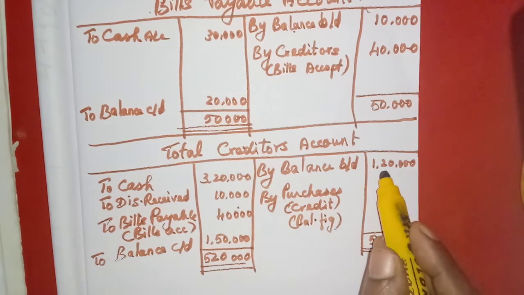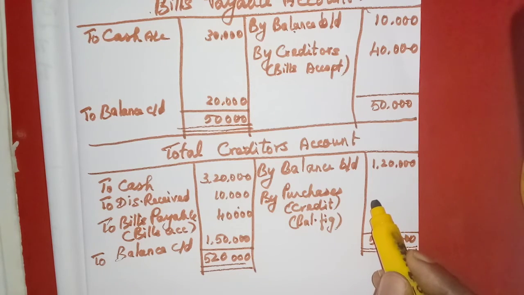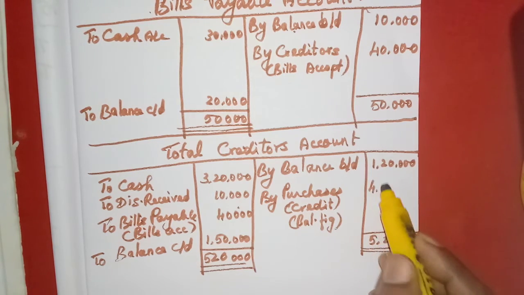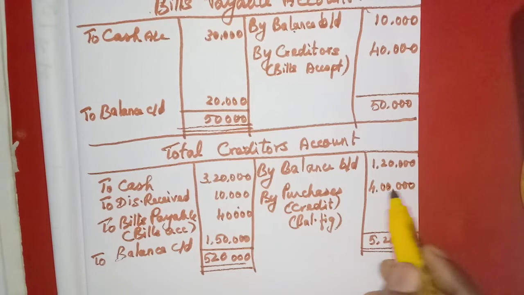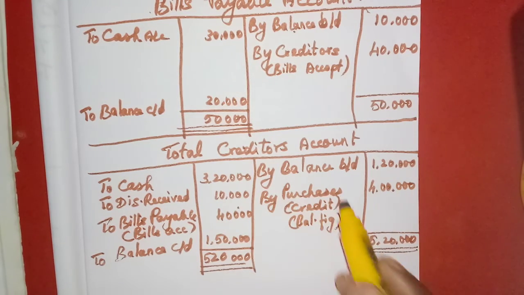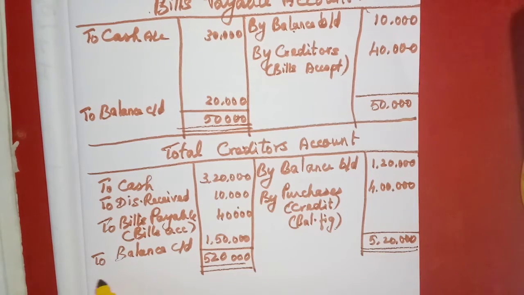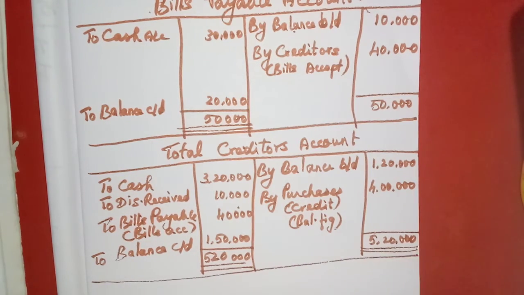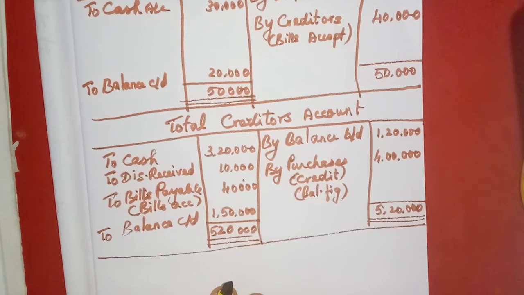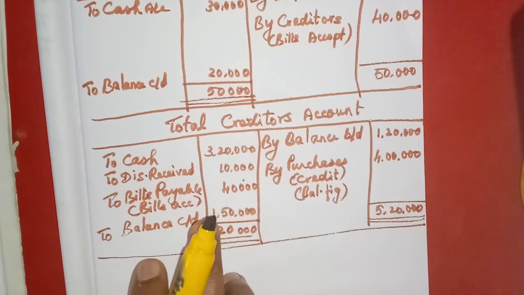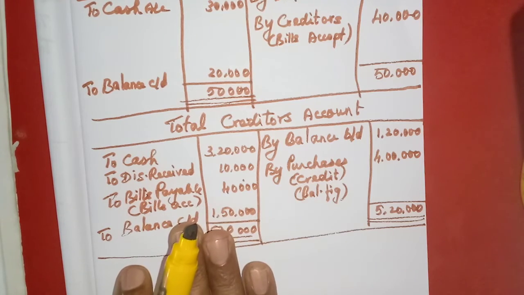Okay, 5,20,000 minus 1,20,000, 4 lakh. The amount should go straight to purchases. Okay, so we are closing this one. Now we have completed the 16th exercise.